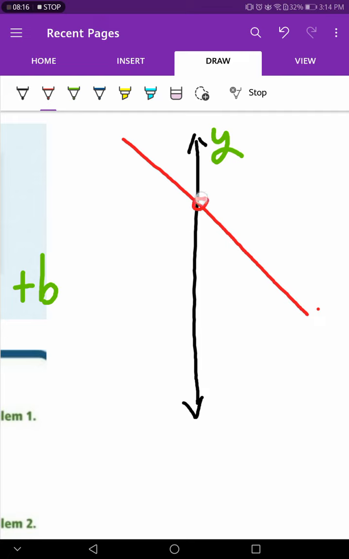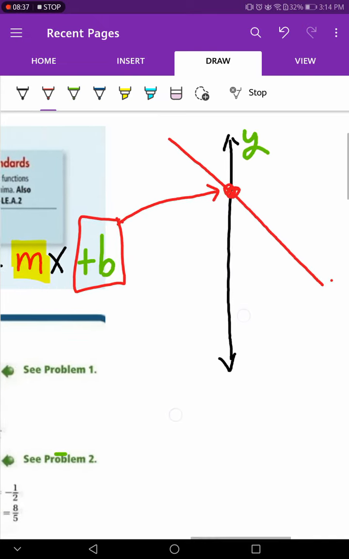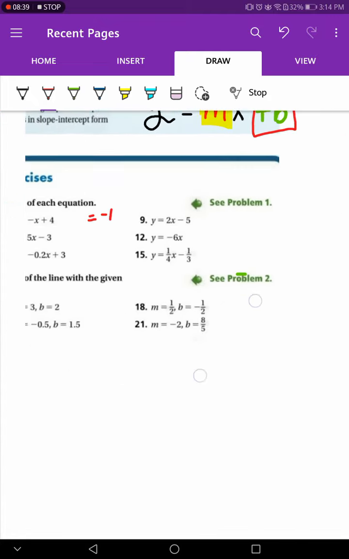What is the number here? This b is the number where the red line crosses the y-axis, the value of b. I will explain it more later, my dear student.